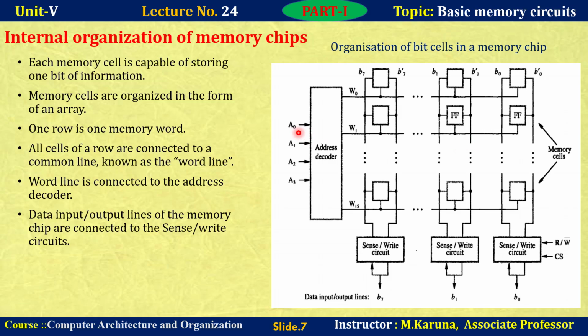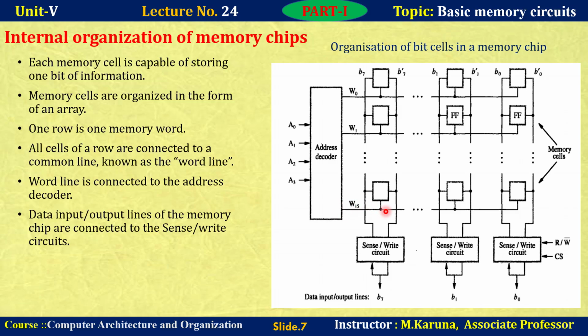Suppose the processor wants to get the data from the first location, then it will send all 4 zeros on the address bus. A group of address lines is nothing but the address bus.